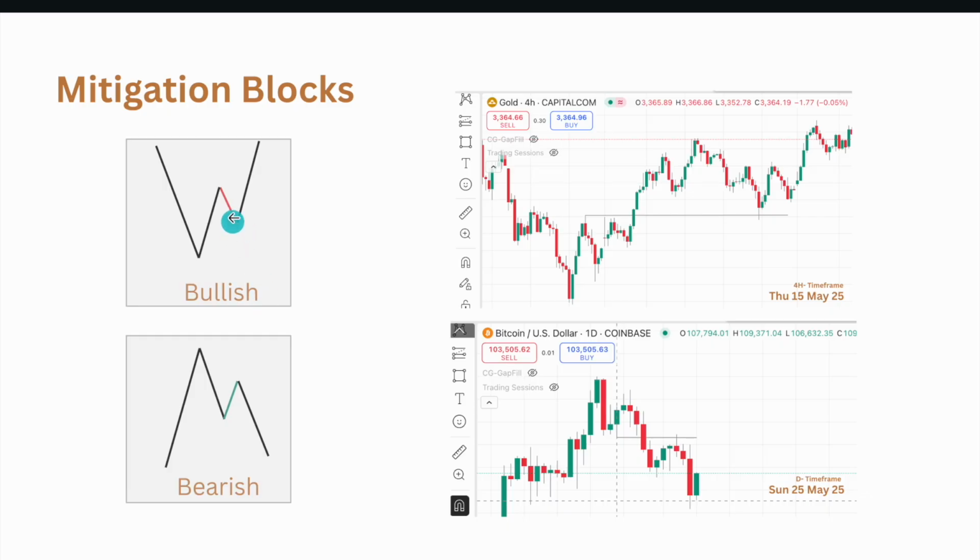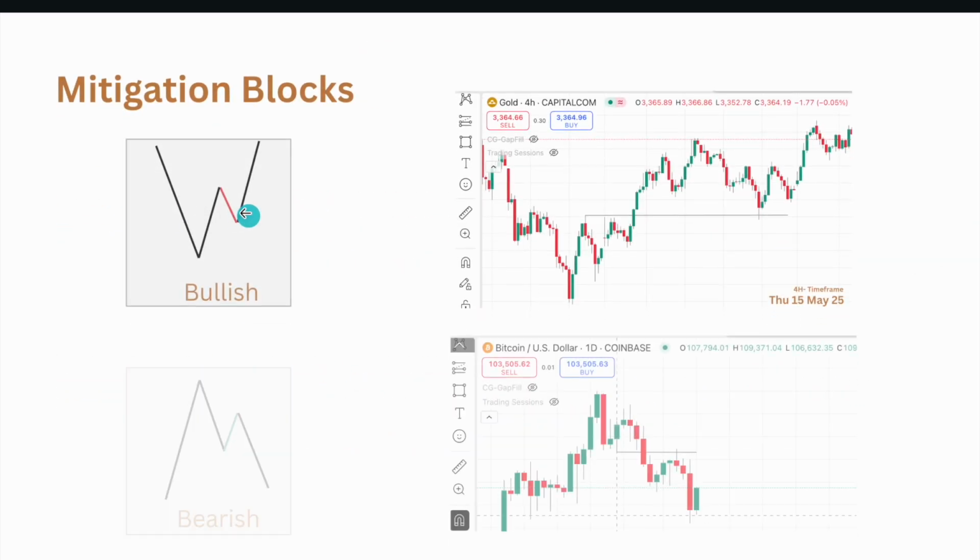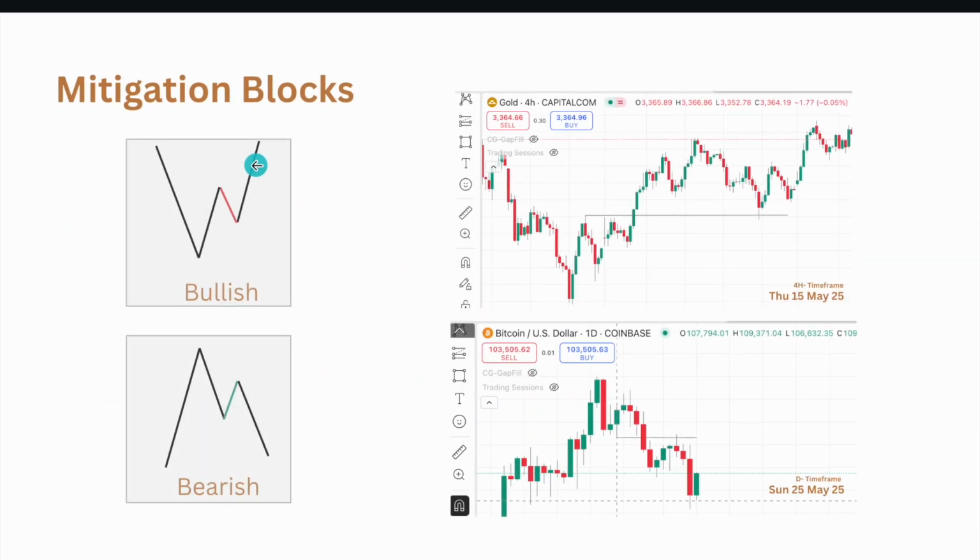But in this case, price fails to cross this swing low and changes the direction to be bullish by running over this previous retrace swing high. Okay, like in the definition, this swing high is run over.